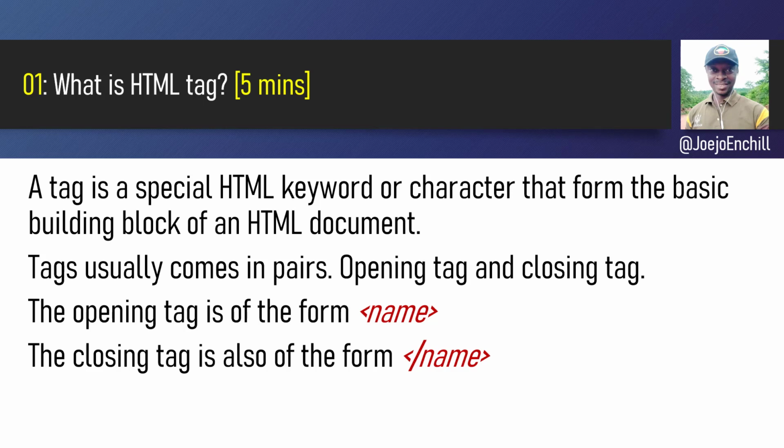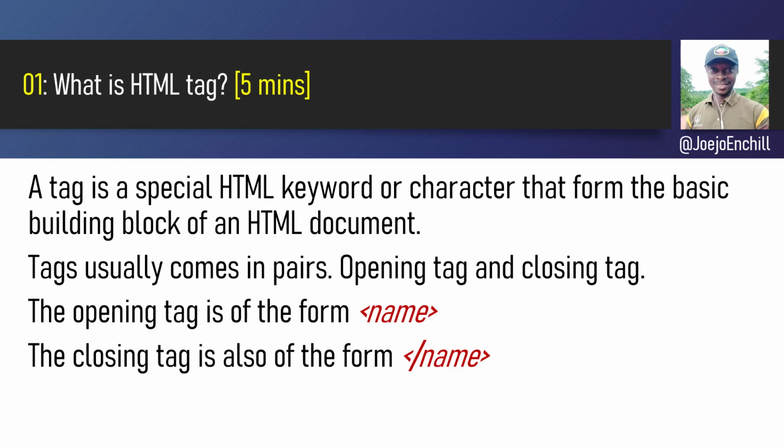Usually, HTML tags come in pairs. We have the opening tag and the closing tag. You can also say the starting tag and then the ending tag. The opening or starting tag is of the form left angle, name, and right angle. Here, name refers to the keyword that is used as the tag.